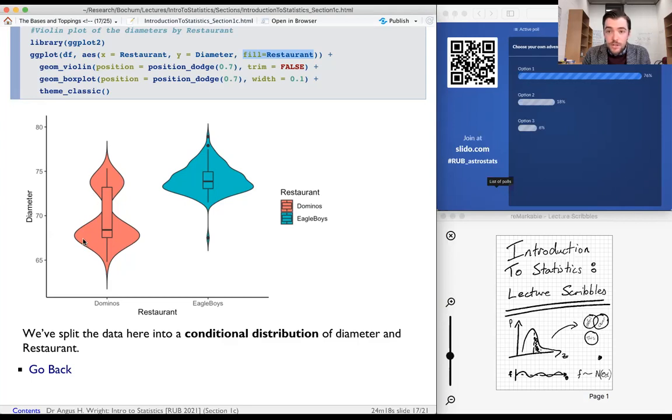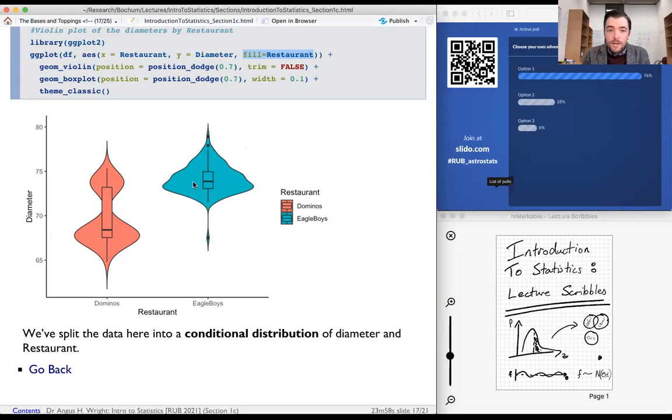So there's clearly some additional complexity coming into the Domino's data set that isn't probed just by splitting by restaurant, but the Eagle Boys distribution, with the exception of this outlier here, is pretty strongly unimodal.